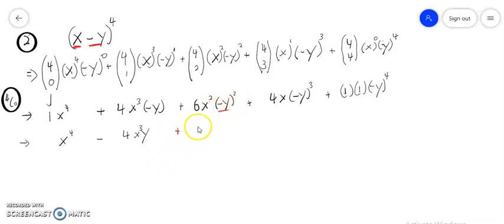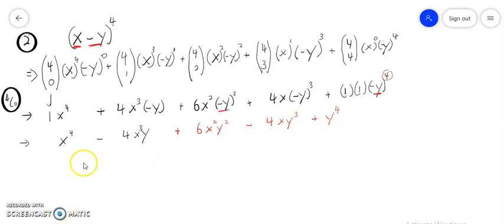Alright, so 6 x squared y squared, and then minus 4xy to the power of 3. And if your power is an even number, you'll be getting a positive. So you'll be getting in total y to the power of 4.